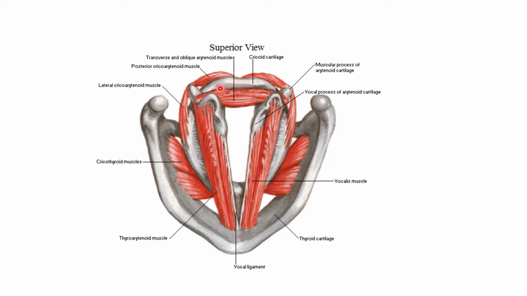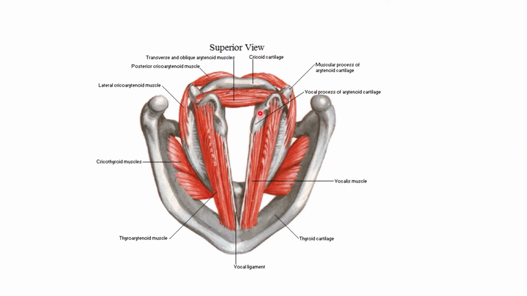Now what is this? This is nothing but the part of the cricoid cartilage, that is the posterior lamina of the cricoid cartilage. What we see here is the anterior arch of the cricoid cartilage. Above the cricoid cartilage, along its posterior plane, lie the paired cartilages, which are the arytenoid cartilages seen over here.